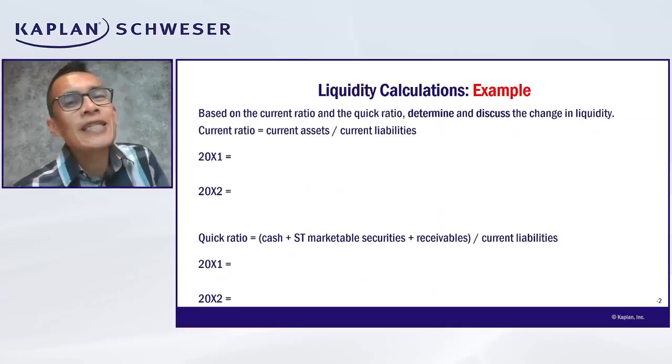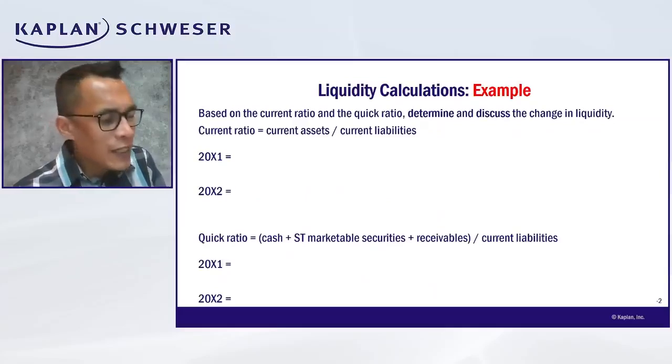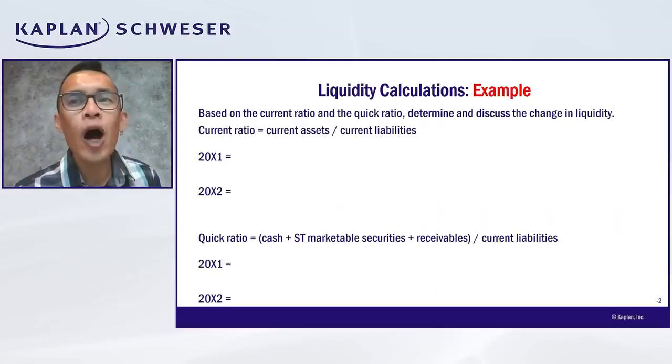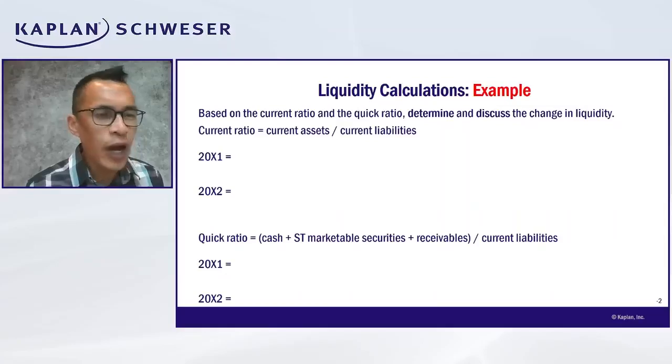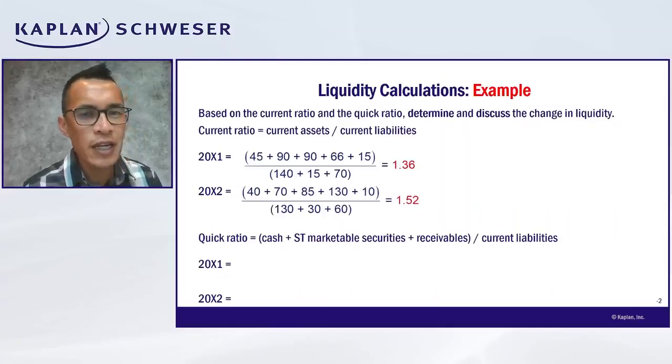Now we're going to extend the analysis to two of the common liquidity ratios. That's going to be the current and the quick ratio. The formulas are clearly spelled out here just to remind you. With the current ratio, let's go and do the calculations. We're going to see here an increase in liquidity.